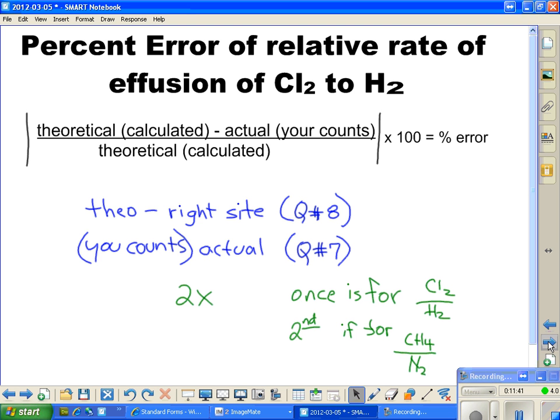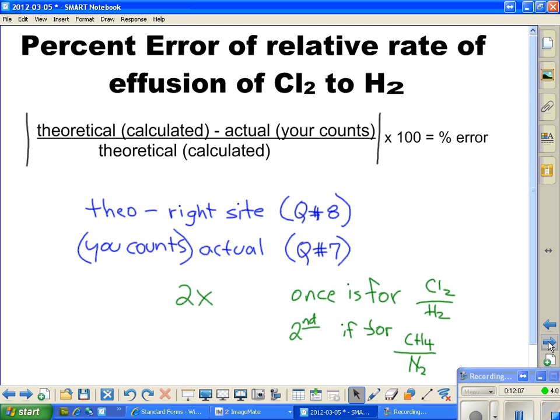The theoretical is what you calculated in that, Graham's law of effusion. So the theoretical is that number that's in the square root sign, okay?